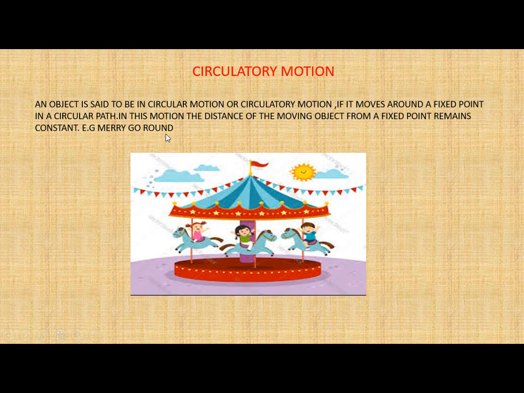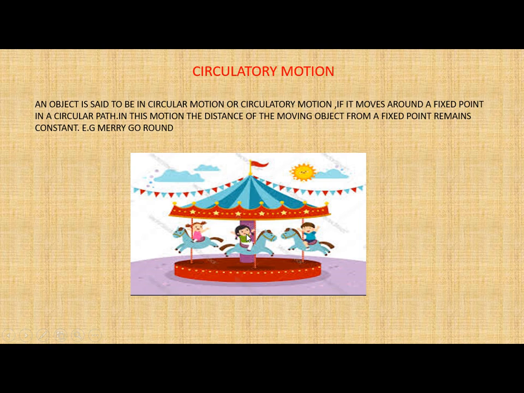An example is the merry-go-round. You all must have sat on a merry-go-round. Here you can see that there is a fixed point, and with a rod or with a string, persons are tied, or they sit on, as in the picture you can see that these children are sitting on horses. When this moves around, the distance of the moving object from the central point will be fixed throughout the motion.